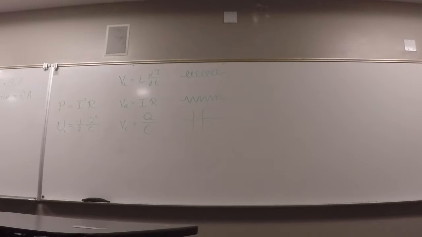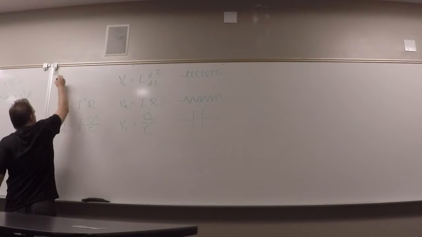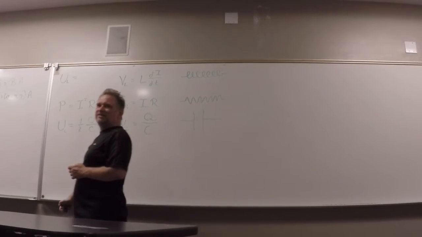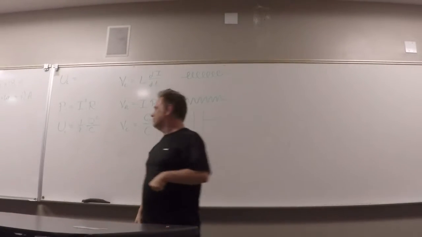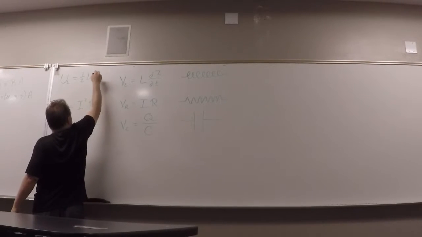You make something into a loop and all of a sudden, oh my goodness, it doesn't want to go off. Current just keeps on going. So I could derive it for you, but I'm not going to. So the energy stored in an inductor is 1/2 L.